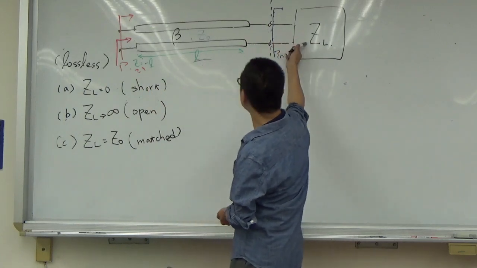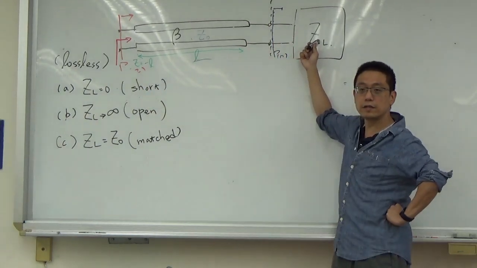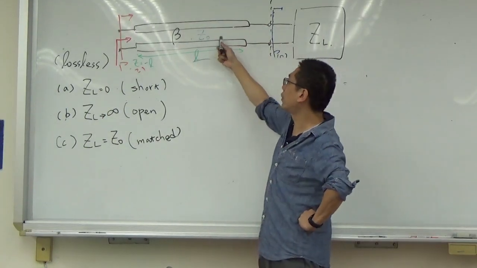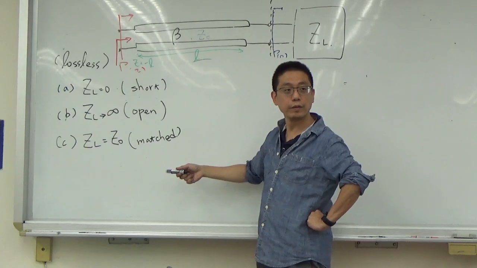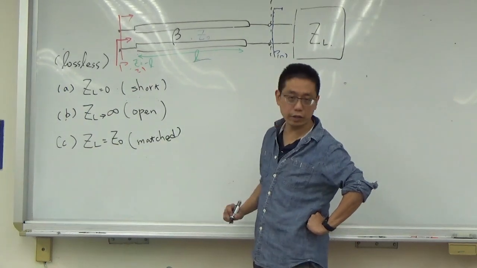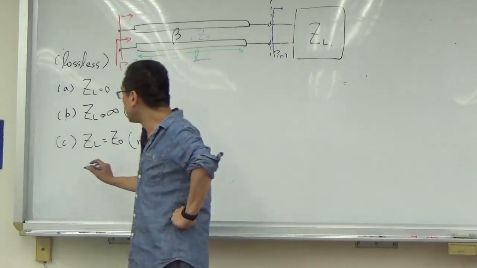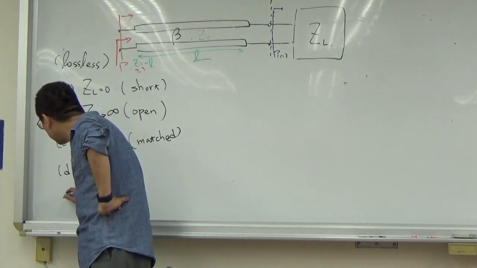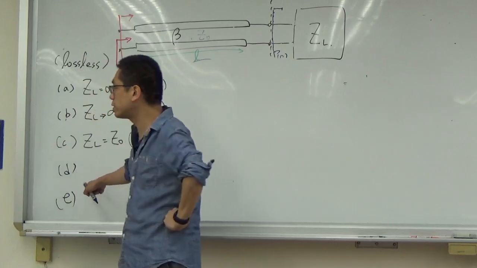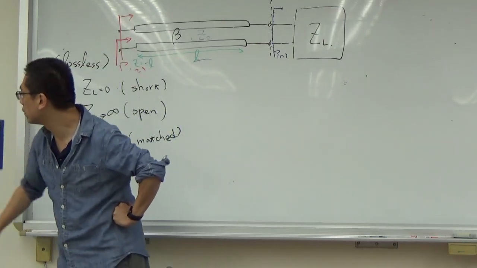If your load impedance is your characteristic impedance, we call that match. Okay? So this is the third case. And the fourth case, and then the fifth case, D and E here.